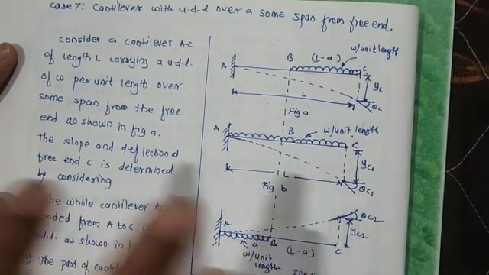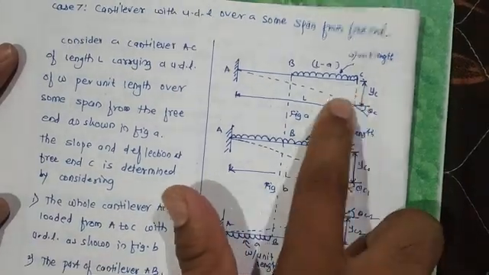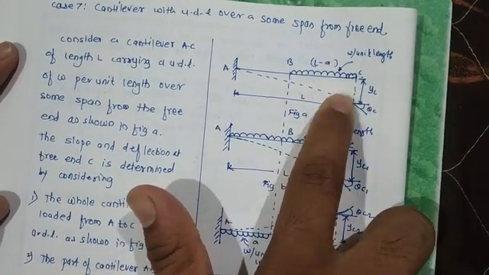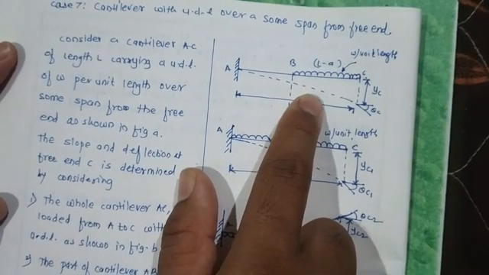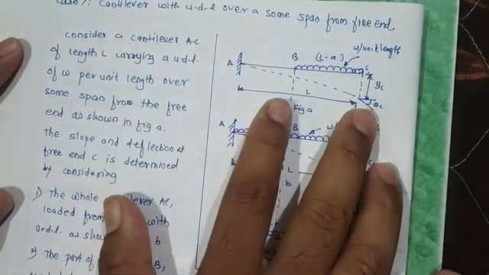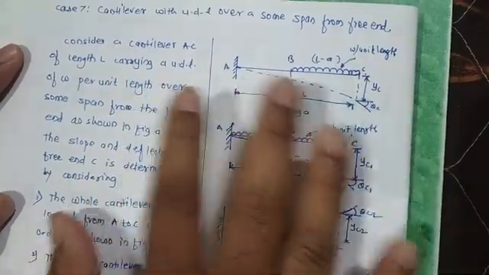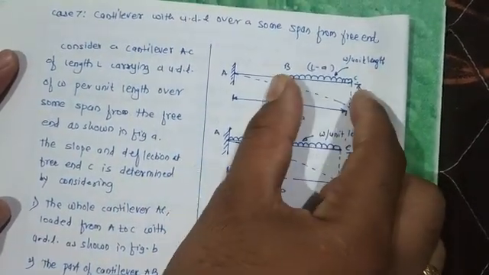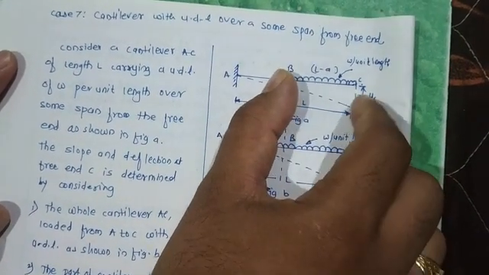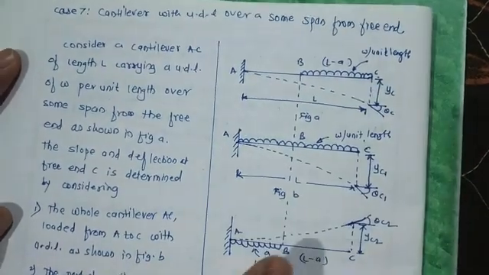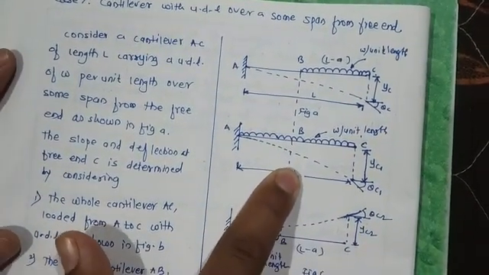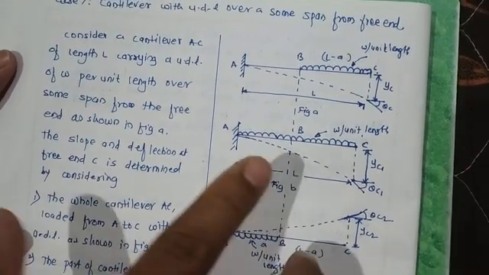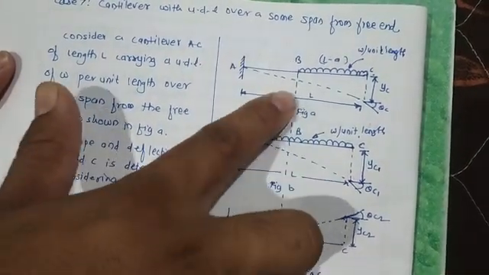That means we are going to find the slope and deflection for this condition, where the UDL is over some span from the free end. If we add these two conditions, then we get this one.